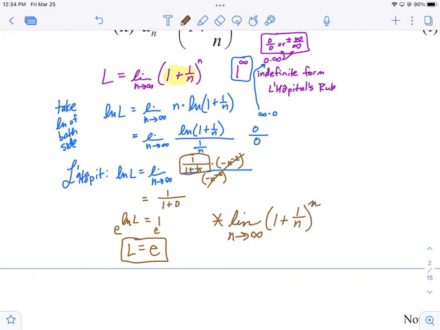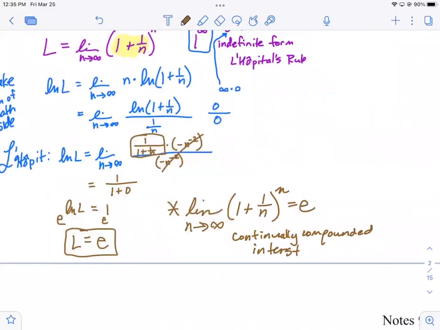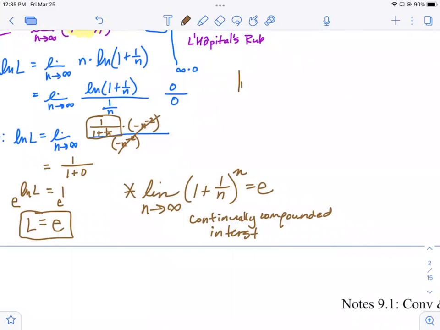This is how e is related to finance. This is continually compounded interest. This is how a general interest formula works. Let me just write this because it is kind of interesting.